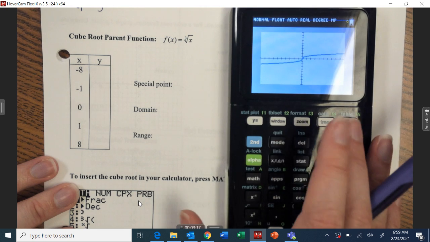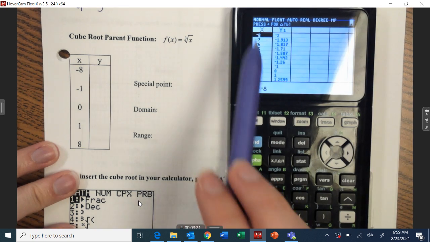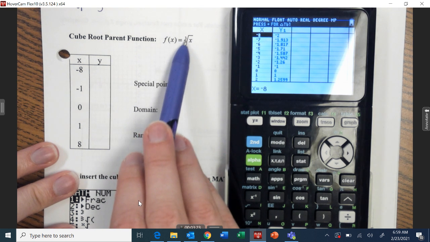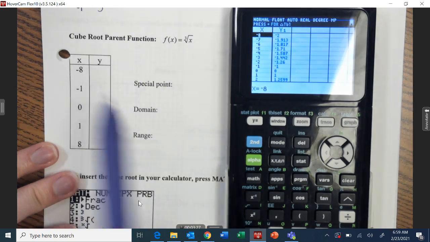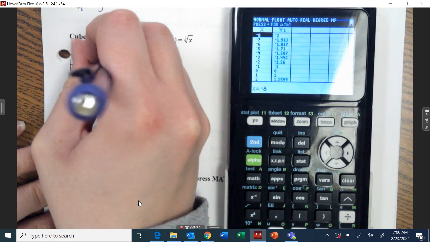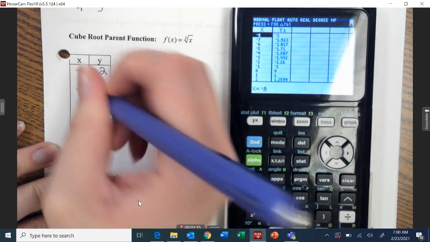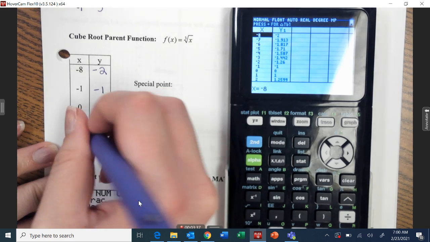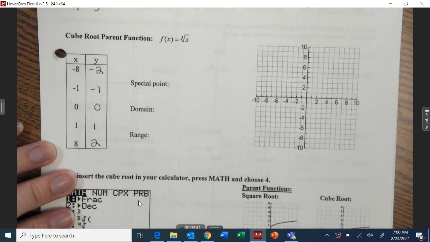So if we look at our table, now we can have negative x values because you're taking an odd root. Remember, odd roots work really, really nicely. You can take odd roots of negatives and positives. So the cube root of negative 8 is negative 2, of negative 1 is negative 1, 0 is 0, 1 is 1, and 8 is 2. And we can graph those as well.